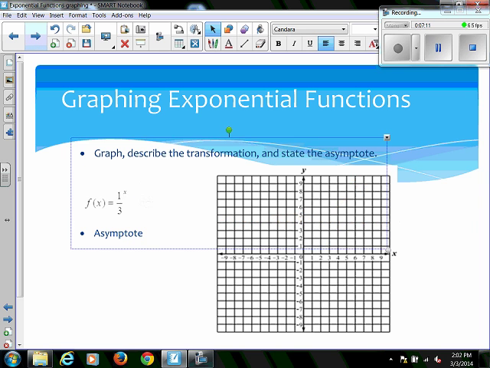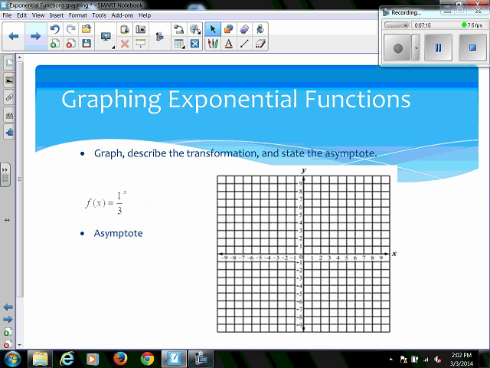Now this one looks a little different. We have (1/3)^x. Still going to do it the same way. We have 3 points, (0, 1). b is 1/3 here. Other point is (-1, 1 divided by 1/3). If we put that in our calculator, 1 divided by 1/3, we're going to get 3.